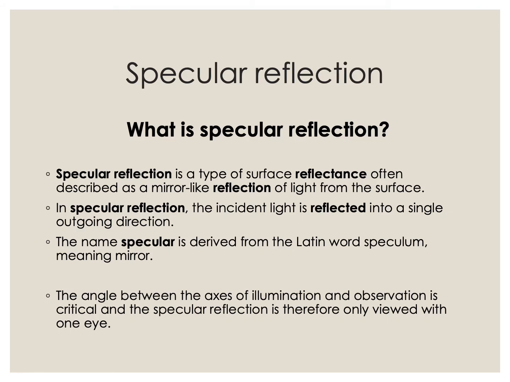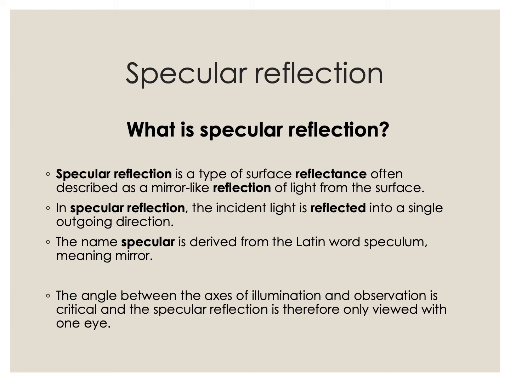Before we start talking about the optics of specular microscopy, we have to know what is meant by specular reflection first. Specular reflection is a type of reflection or surface reflectance that is always described as a mirror-like reflection of light from the surface.